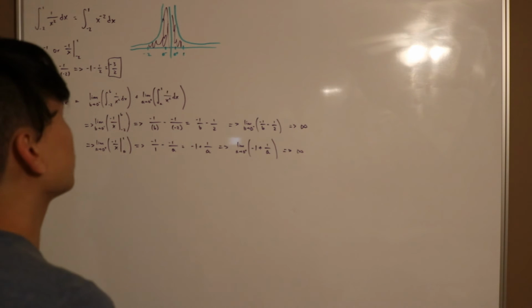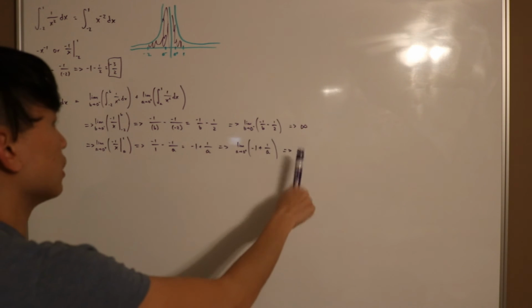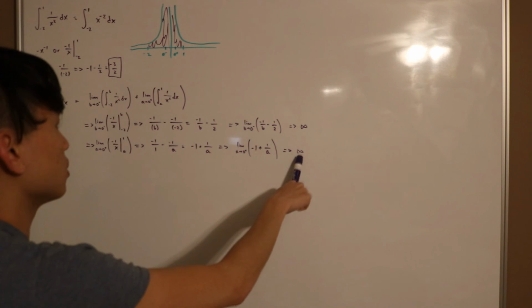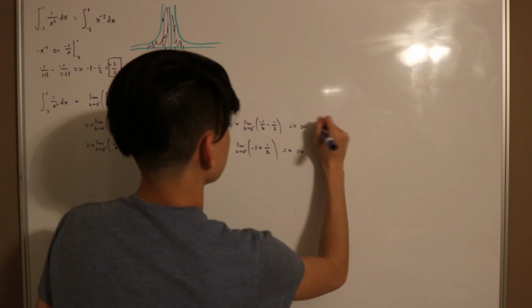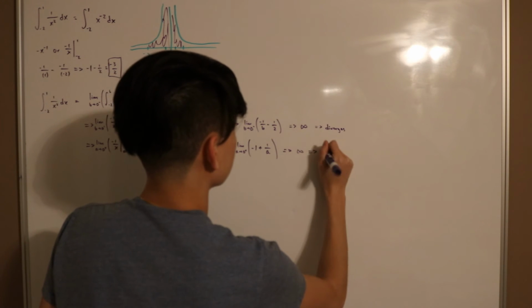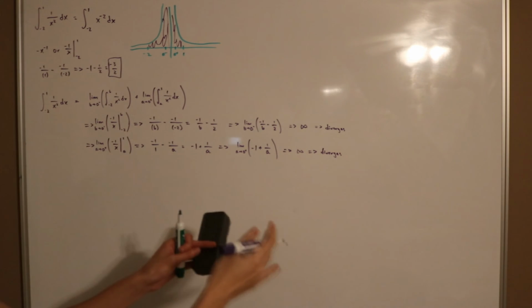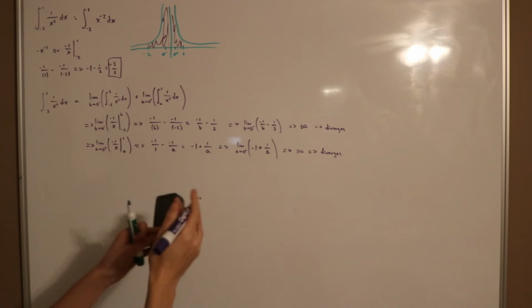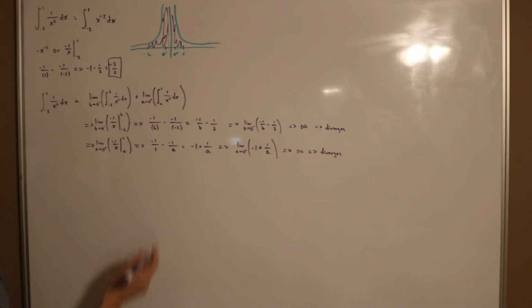So the conclusion we can draw here is that because this is infinity and this is infinity, this diverges, and this diverges as well. So now that we have that, this means that this entire integral is divergent.